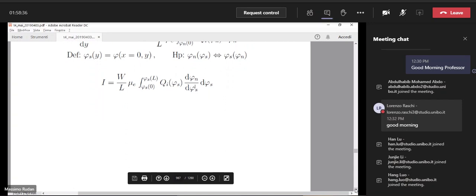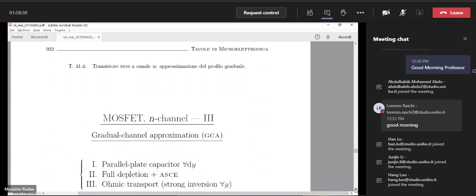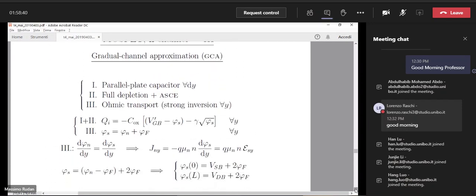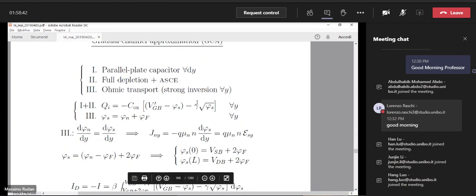It is not finished yet because another consequence of the hypothesis that the channel is fully inverted at each position is that in the current density, the ohmic term is dominant with respect to the diffusive term.